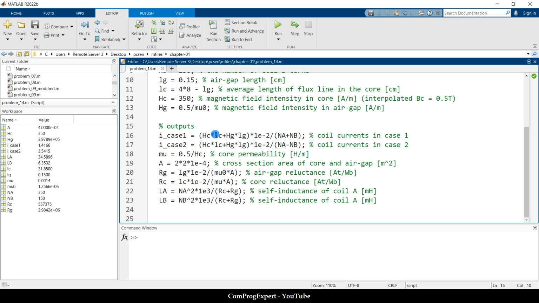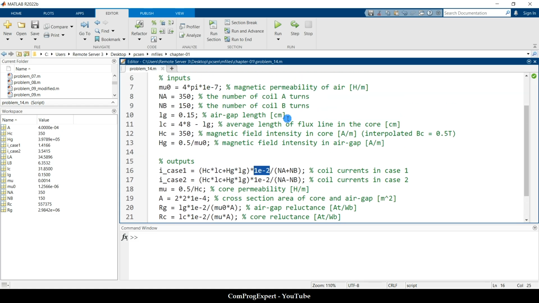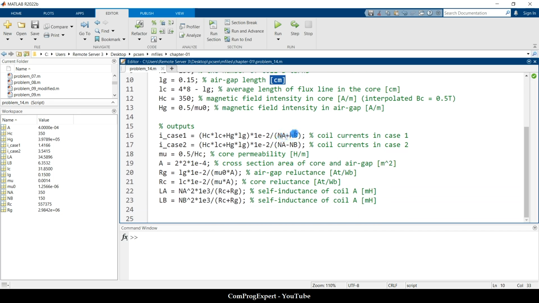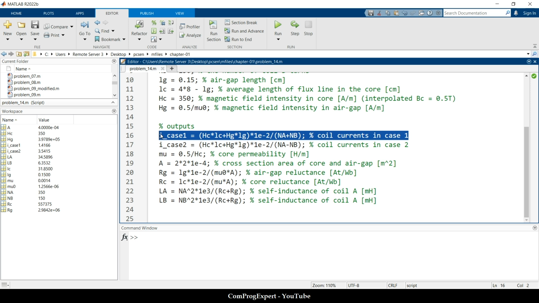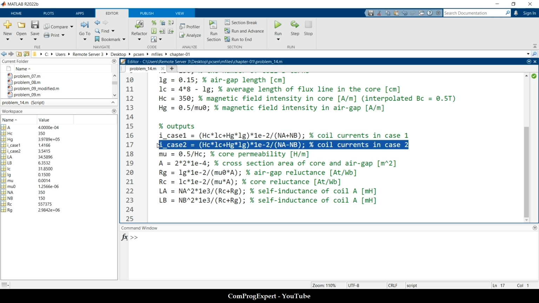H core L core plus H gap L gap. I multiply this summation by 1e minus 2 because the unit of the length is centimeter here, divided by NA plus NB for the case 1, and this is for the case 2.